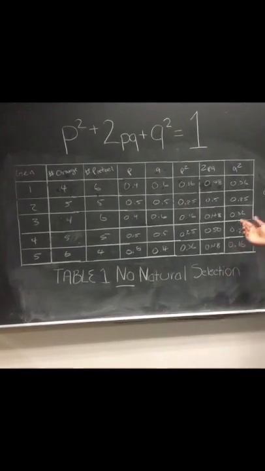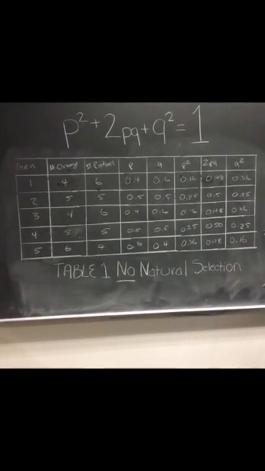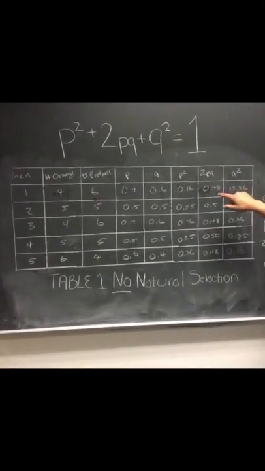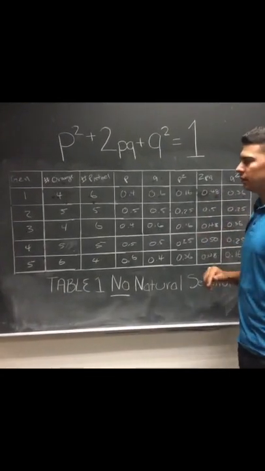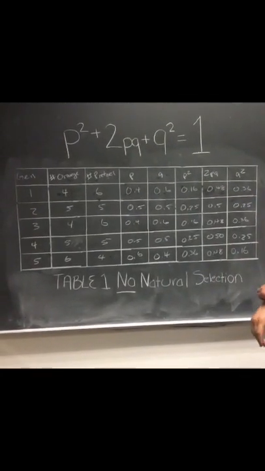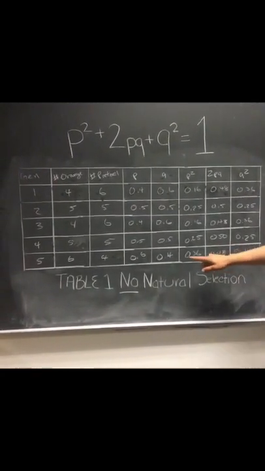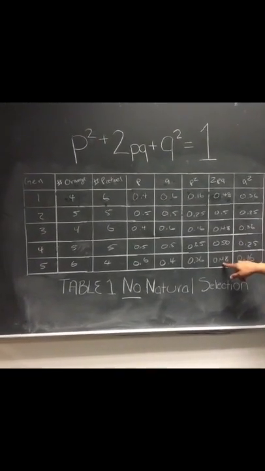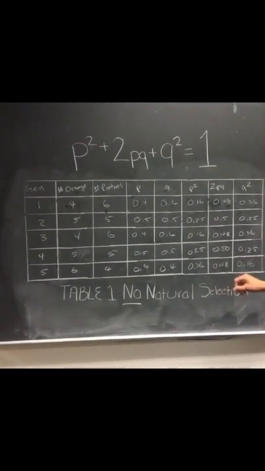So let's say, for example, you have a population of 1,000 with your 2pq values. Approximately 48% of the 1,000 would be heterozygous, and 5 generations later, you're going to get the same number: 48% of the 1,000 would be heterozygous.